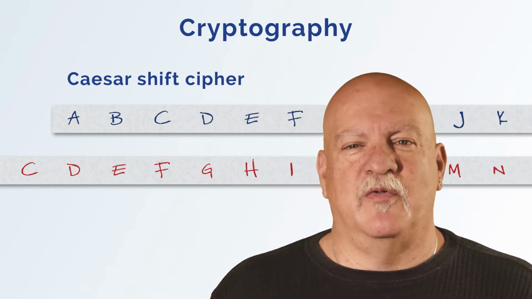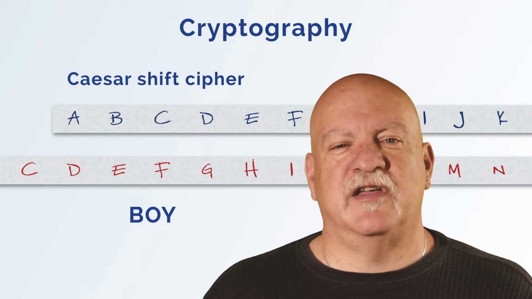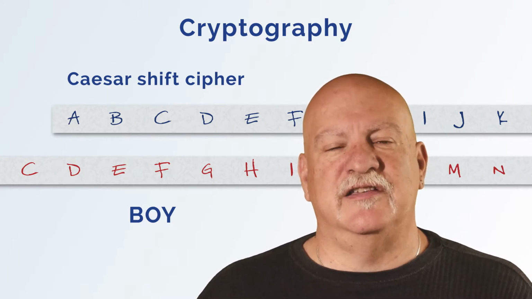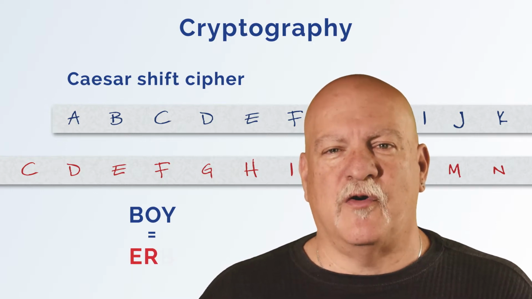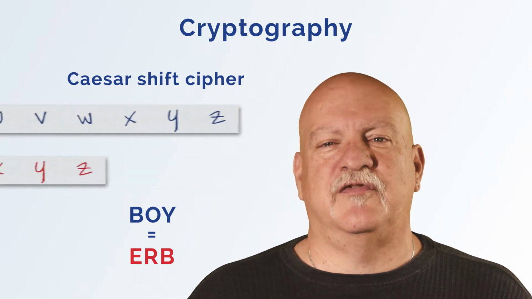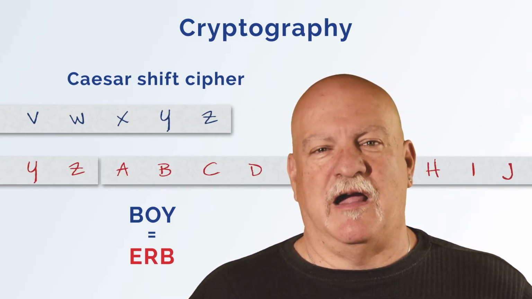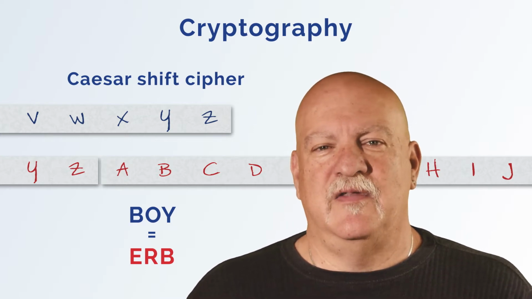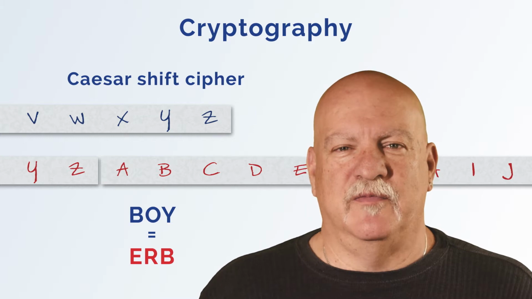For example, the word boy in a 3-shift Caesar cipher is enciphered as E for B, R for O, and B for Y. Notice that the Y is shifted 3 by saying Z, then wrapping around A, B. Using a wrap in the alphabet makes this possible.